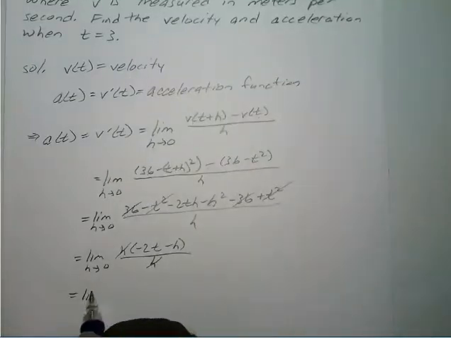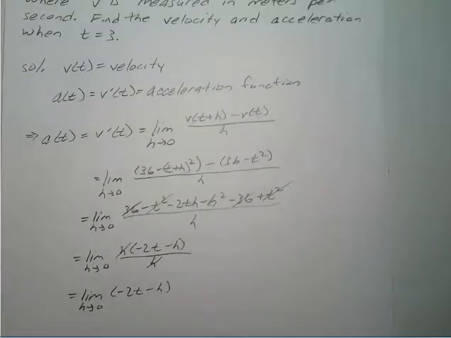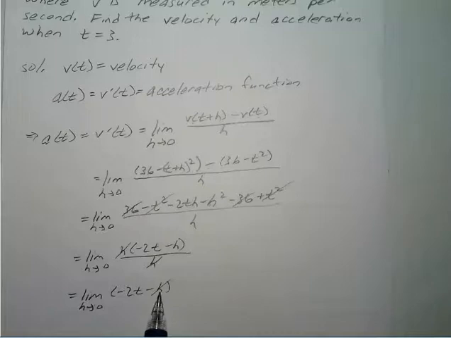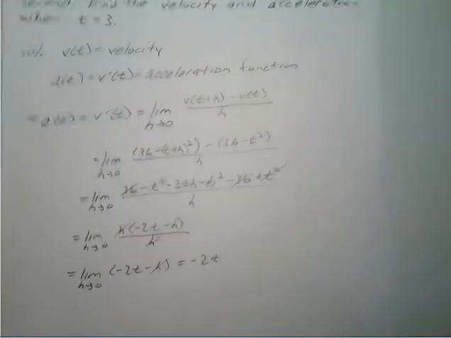Okay, so we have the limit as h approaches 0 of negative 2t minus h. So again, using direct substitution, our h disappears because the limit of h as h approaches 0 is just 0. Here, there is no h to replace, so that just stays as negative 2t.